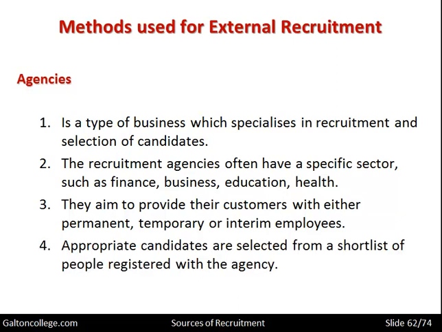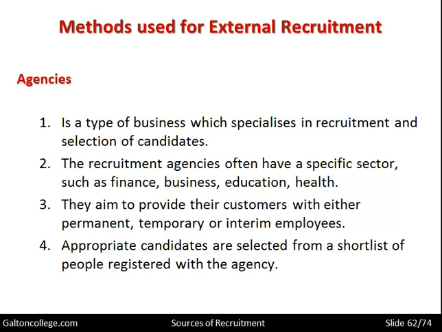Appropriate candidates are selected from a shortlist of people registered with the agency. So again, the agency, similar to what I said about the government agency earlier, will in part do some of the selection for the company.